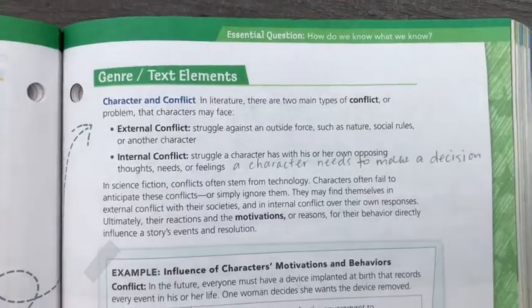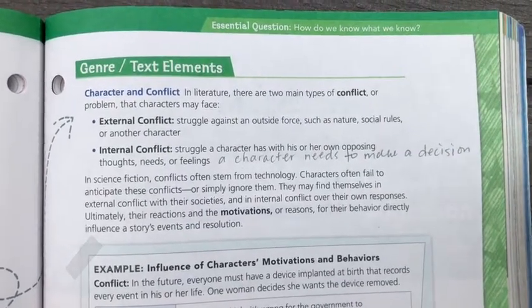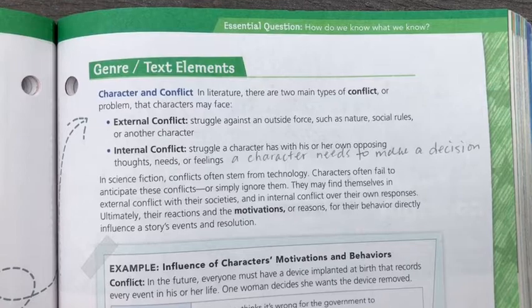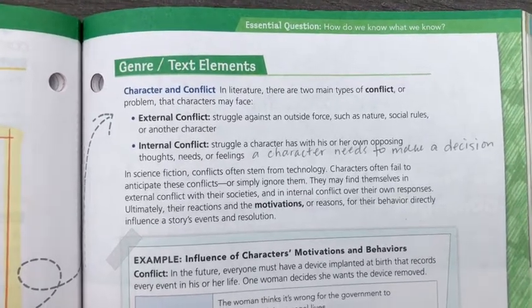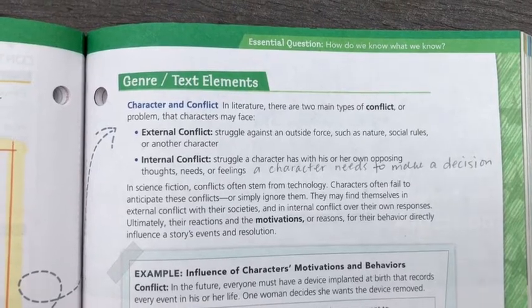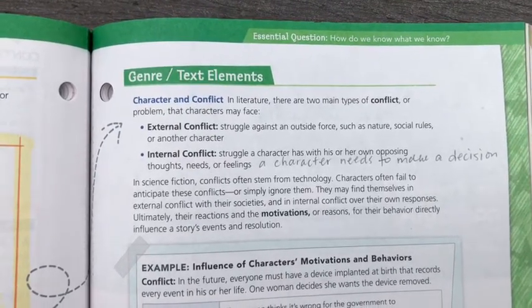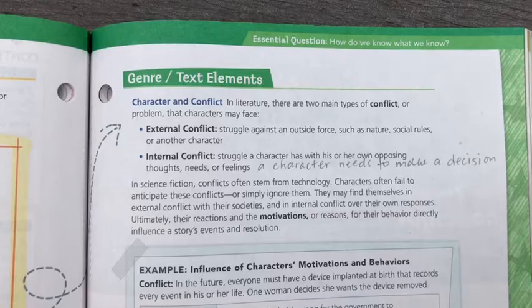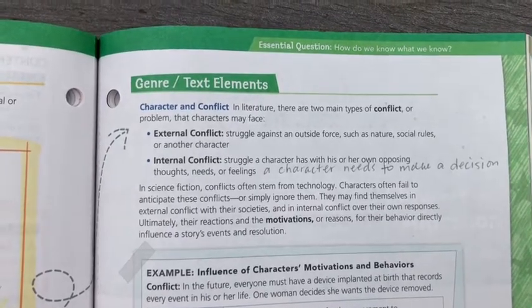That is going to be an internal conflict, right? Because it's not something that is caused by an outside force. It's within themselves. So really, whenever you find a character that is unsure about what to do, maybe is struggling to understand themselves, that is definitely internal.